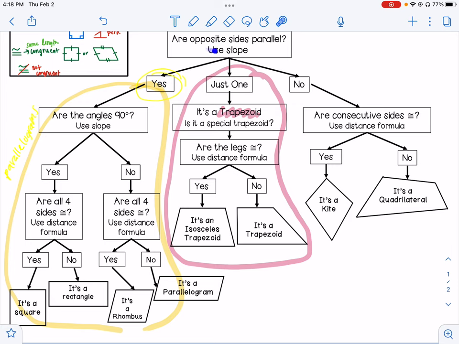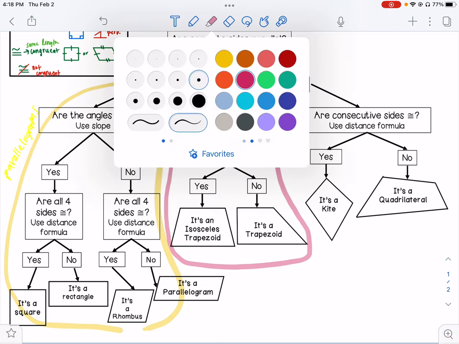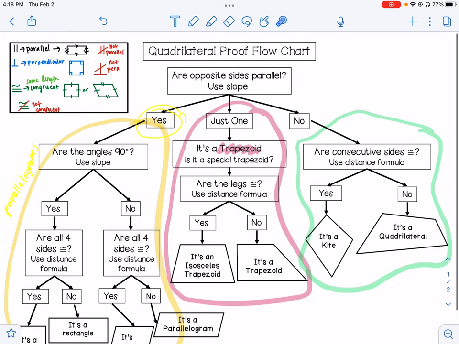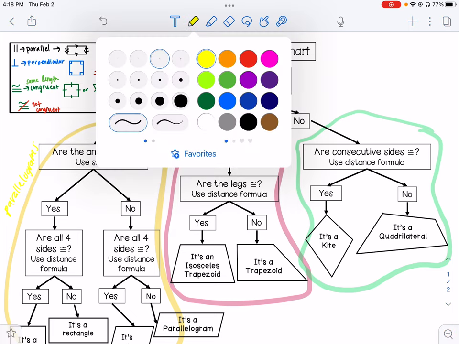Versus if none of them are going to be parallel, then we're in the world of just either a kite or a basic quadrilateral. Now, you guys may have seen that trapezoids are sometimes considered parallelograms, but for our sake, we're going to split them into these three different categories based on, once again, are the opposite sides parallel? That's where we're always, always, always going to start.